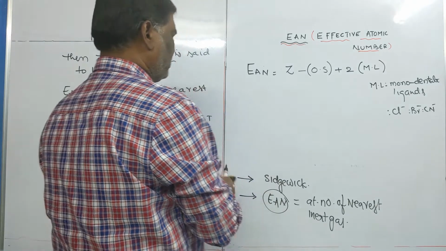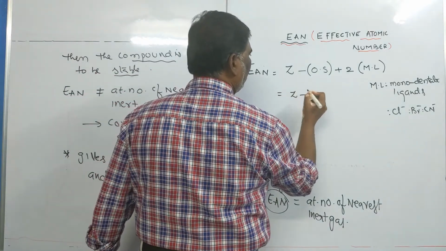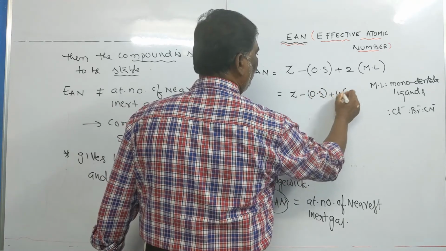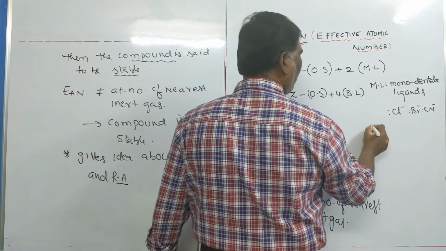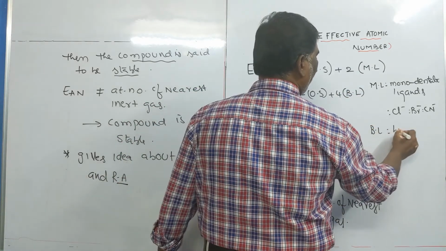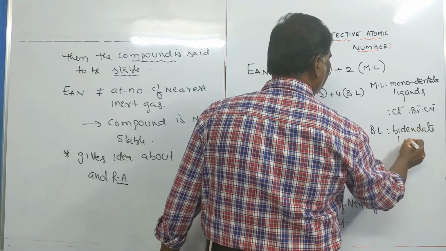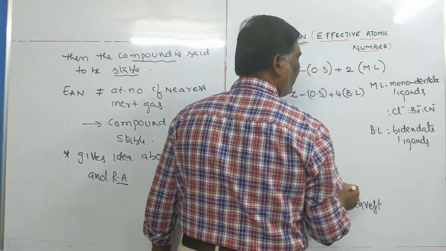In case of bidentate ligands, it is Z minus oxidation state plus 4 into the number of bidentate ligands. A bidentate ligand supplies 4 electrons.